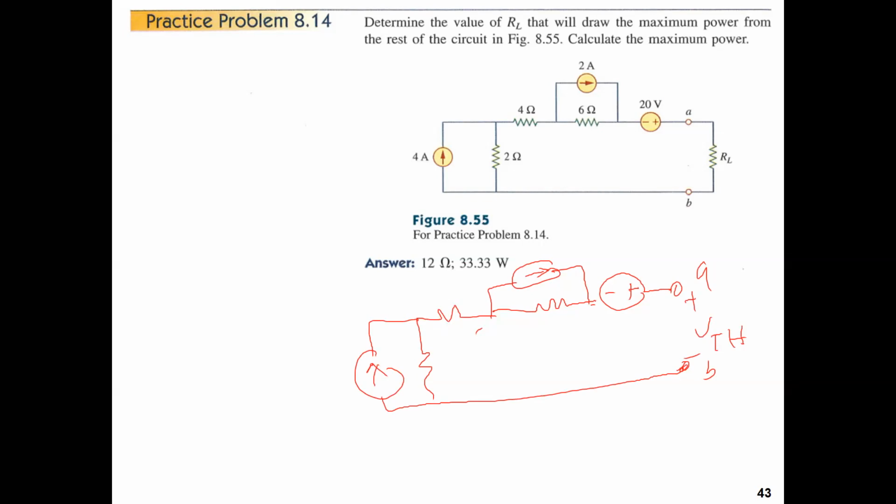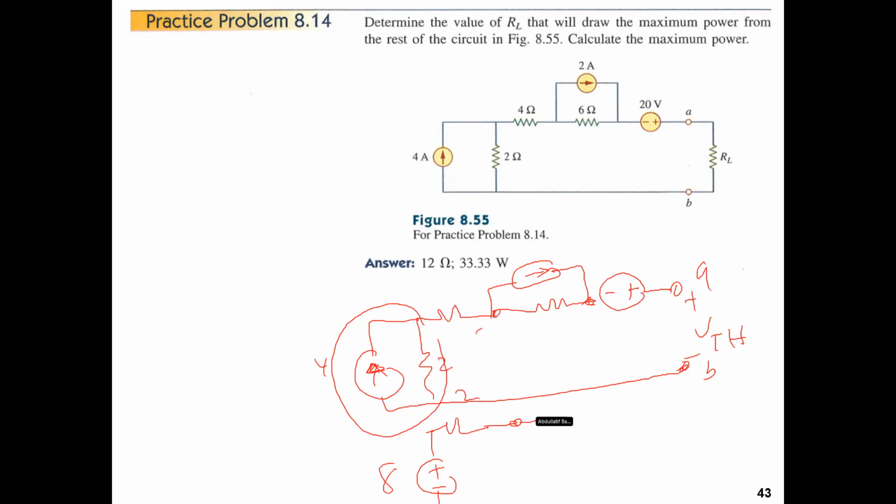So we convert this into a voltage and a resistance in series, and we convert this one to a voltage and a resistance in series as well. So let's put plus and minus again: the head is a plus, the tail is a negative. We have 4 and 2, so 4 times 2 is 8, and then the 2. Now we do the same thing here between this point and this point.